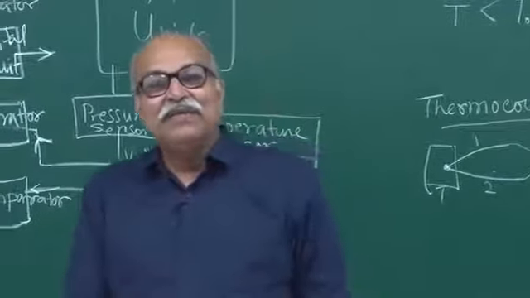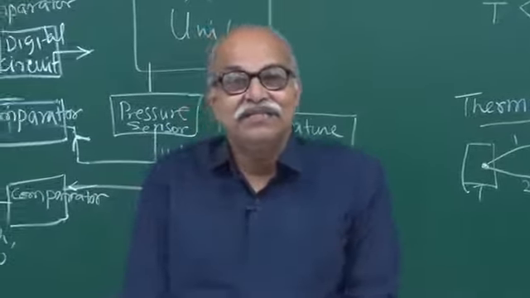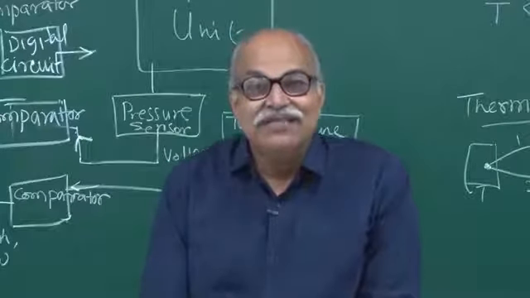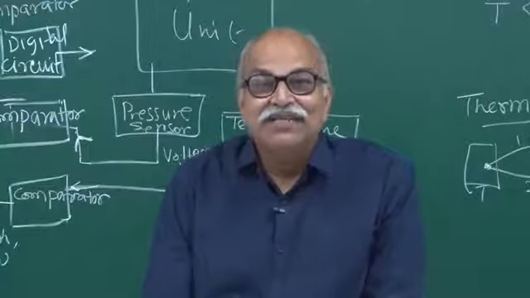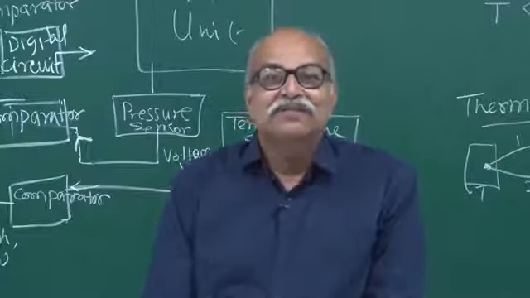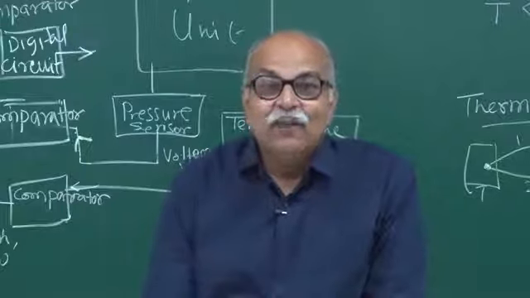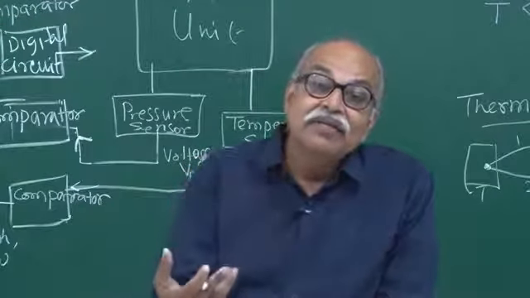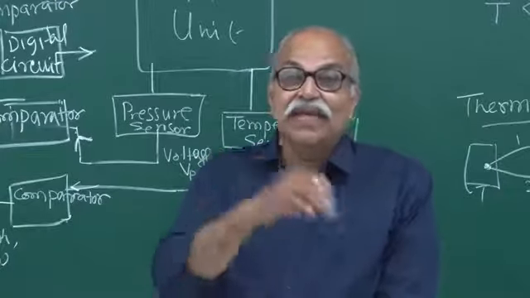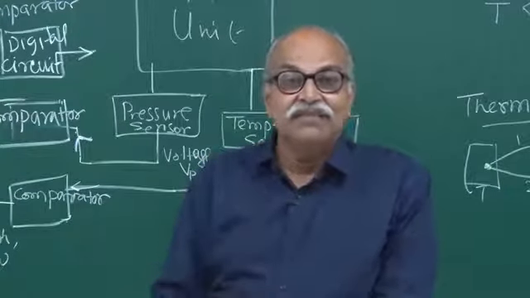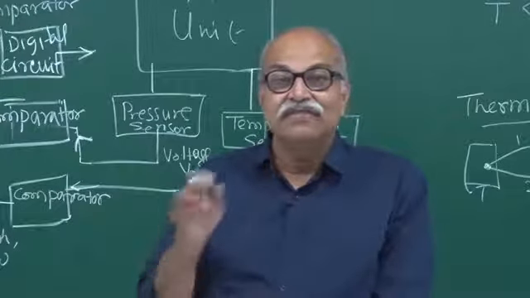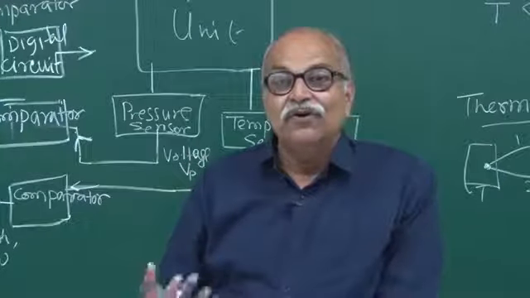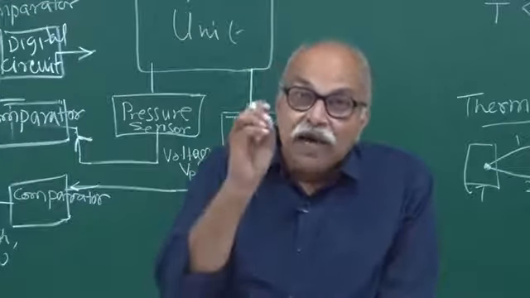Another very important area where digital electronics is needed is our arithmetic calculations or processing of information. All our calculators, all our computers, they work on binary number processing. In calculators we multiply things, we divide things, we do all kinds of calculations. In computers also there is a lot of calculation involved. So all these need binary numbers.